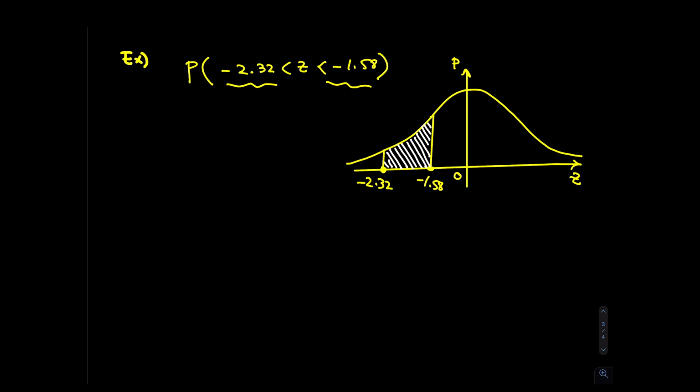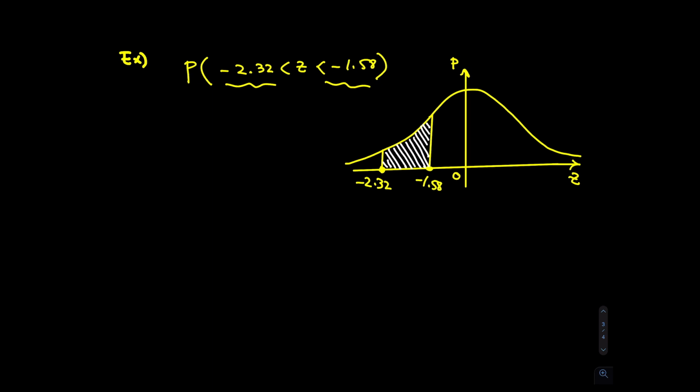It really doesn't matter where the strip is, as long as it's asking you to find the area of a strip, it will always be the norm.s.dist of the top number minus the norm.s.dist of the bottom number. So again, the command here will be equals norm.s.dist of negative 1.58, comma, true, minus the norm.s.dist of negative 2.32, comma, true.